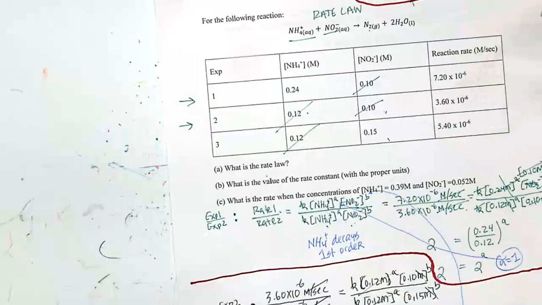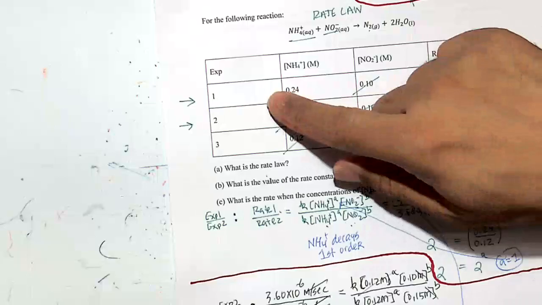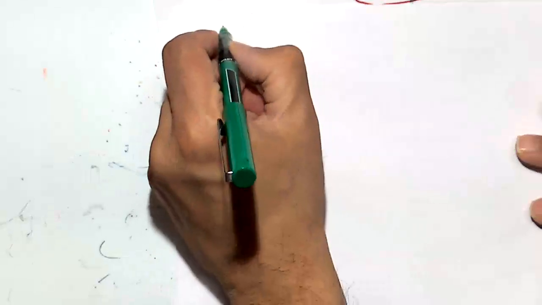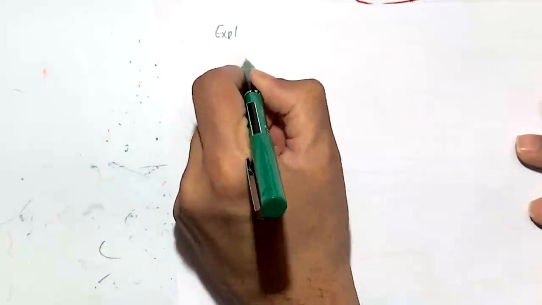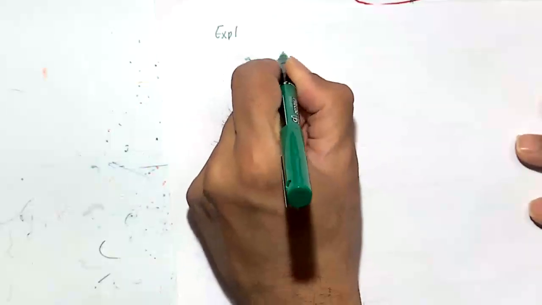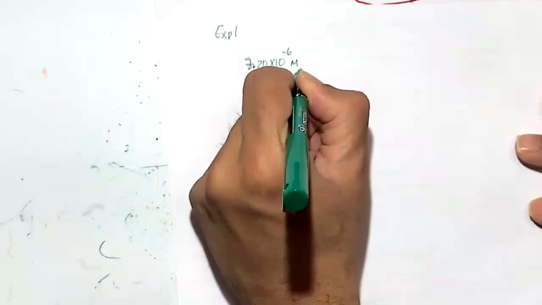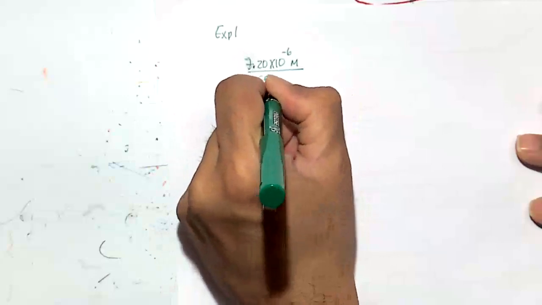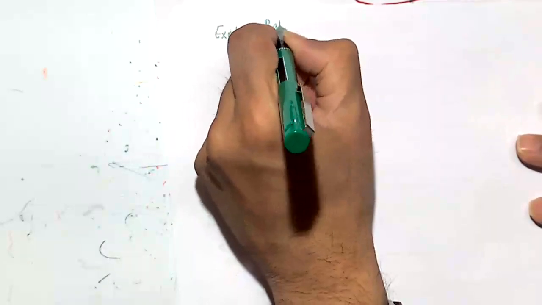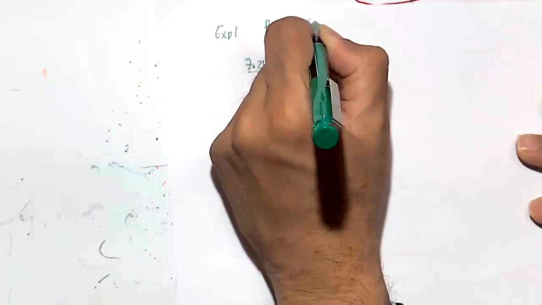So what is the rate for experiment 1? The rate for experiment 1 is 7.20 times 10 to the minus 6 molarity over second. Remember, I'm just plugging everything in here.